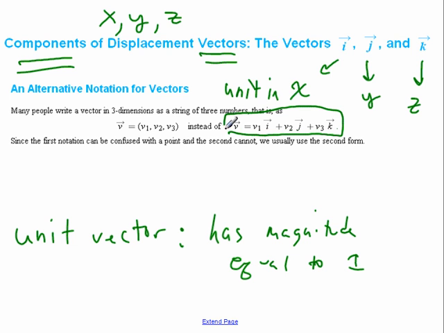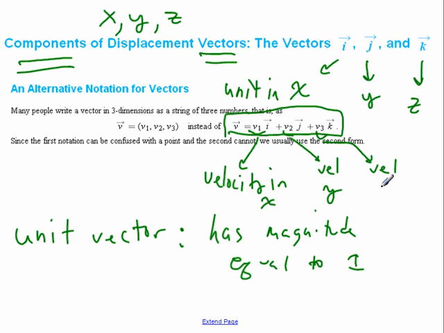Here's an example of how you might write a velocity vector, where v1 is the velocity in the x direction, v2 is our velocity in the y direction, and v3 is our velocity in the z direction. It's really helpful for us to break up velocities into components, as you'll see in the numerous examples that we'll be doing afterwards. Now there are two methods. This is the most popular method of writing a vector. It can also be written as follows.